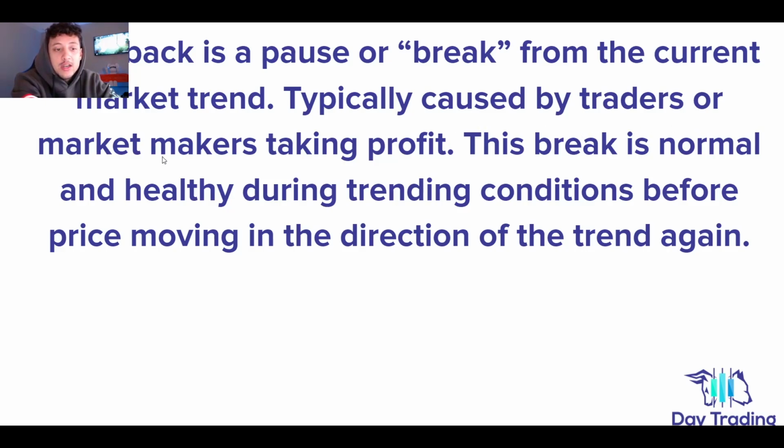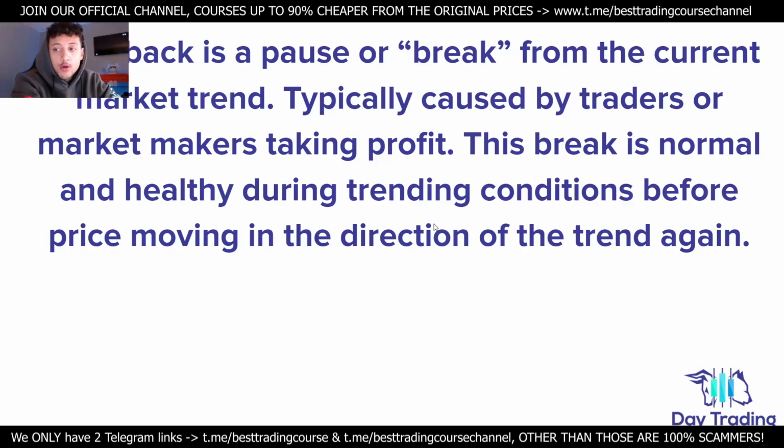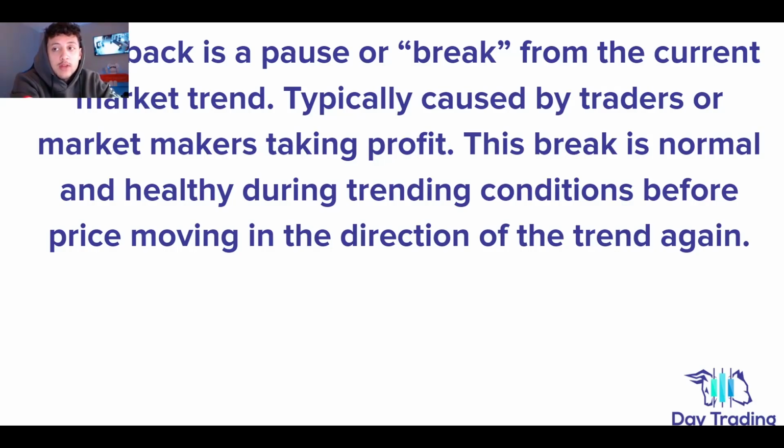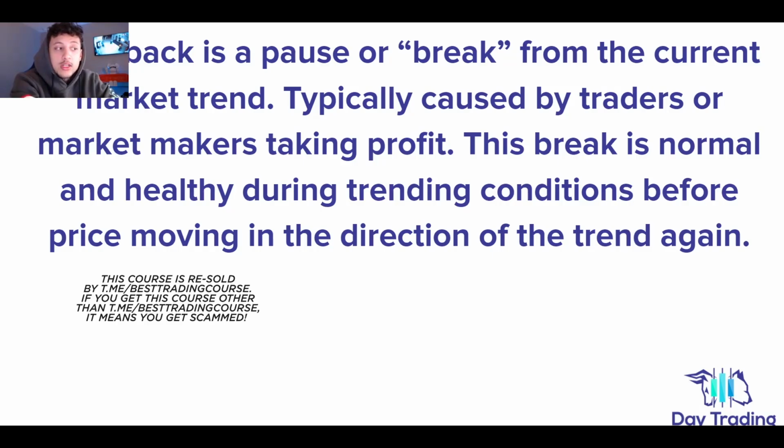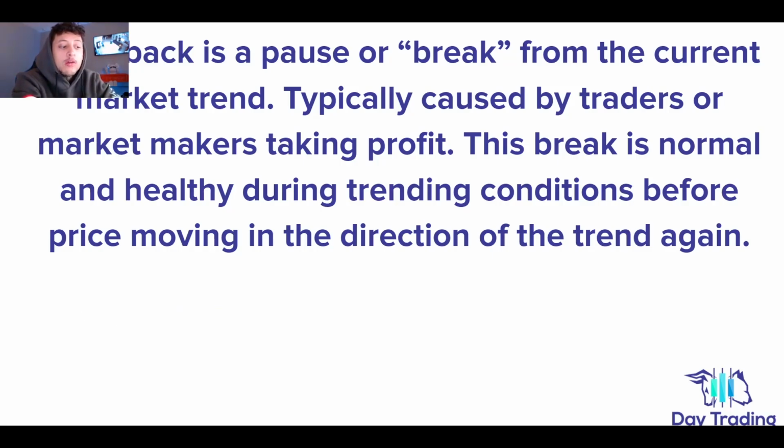This break is a normal and healthy movement during trending conditions before price starts moving in the trend again. So if the market is trending bullish, we're going to have a bearish pullback. That's normal. It doesn't mean that the trend has died. This is why we understand market structure, so we know when the trend has died, but a pullback is normal.